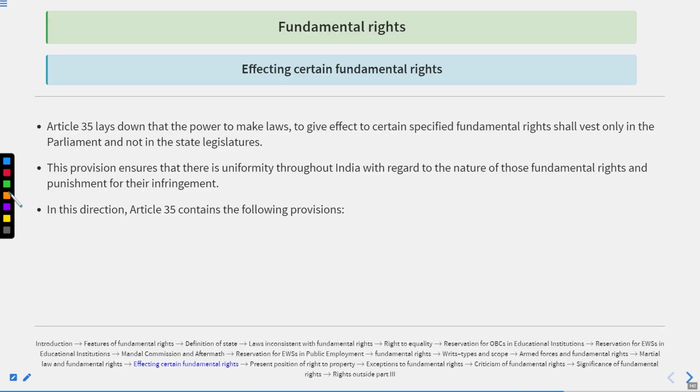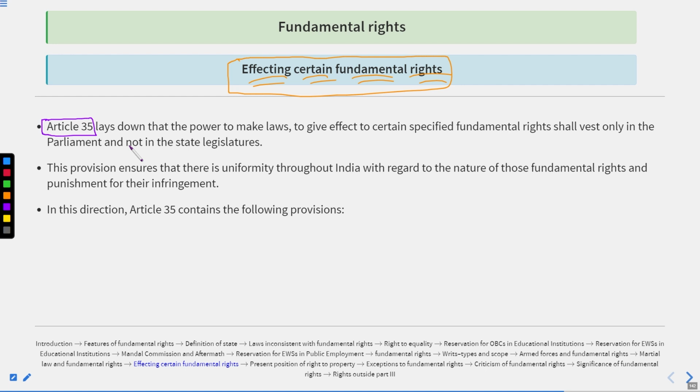Now we are going to start the area of affecting certain fundamental rights. There is Article 35 of the Indian Constitution, and that lays down that the power to make laws to give effect to certain specified fundamental rights shall vest only in the Parliament, not in the state legislatures.